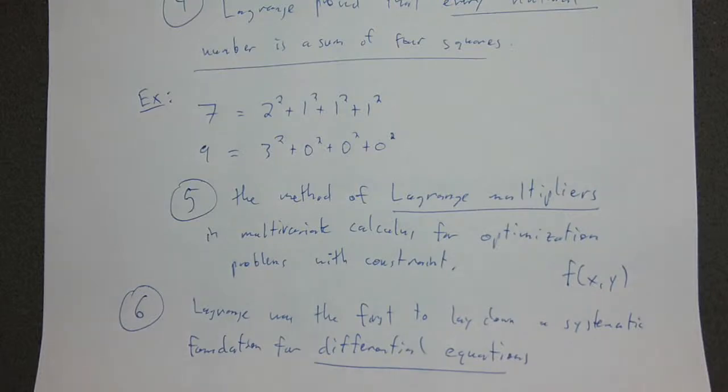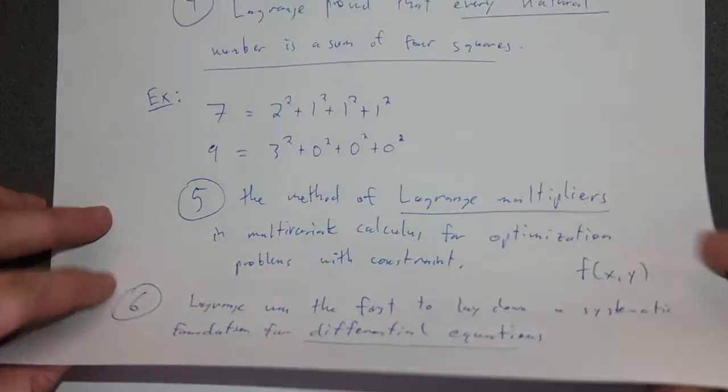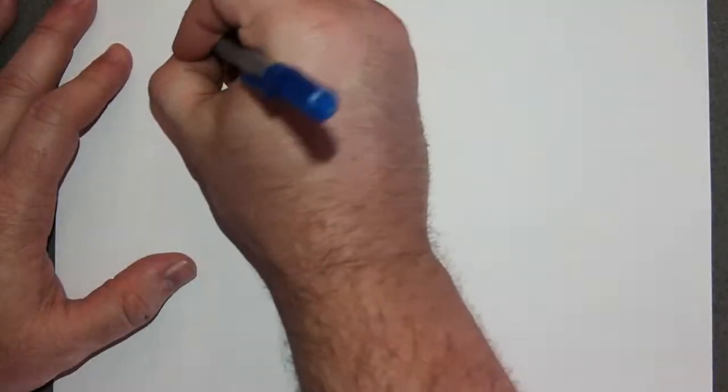So he was the first to lay down systematic study of differential equations. This led to some very interesting discoveries, so I'll talk about that one next. It's going to involve some words you've heard before. He wrote this work called the Mécanique, which he originally thought of doing when he was still 19, but he published it when he was 52.